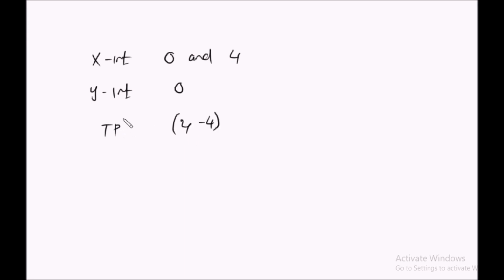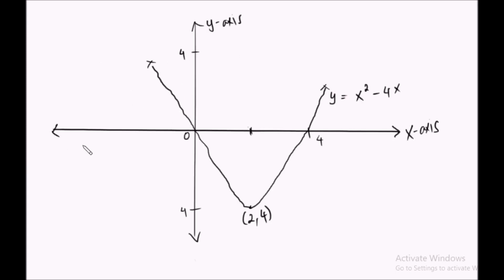So we need to draw a graph. Quickly drawing our graph here, this one is negative 4. The turning point is 2, negative 4. Here is the turning point. These are our x-intercepts, 0 and 4, and our y-intercept is at 0.